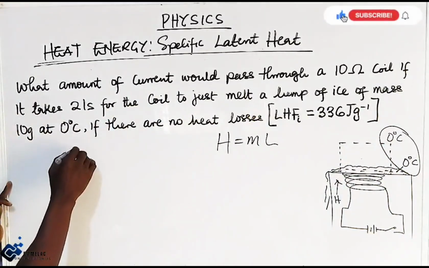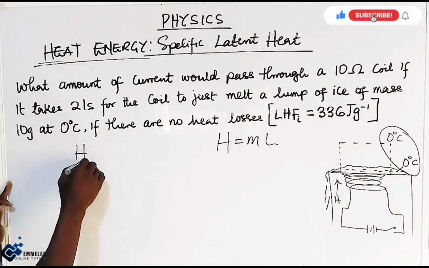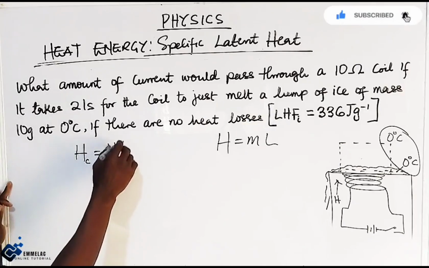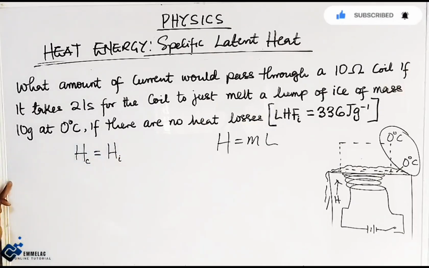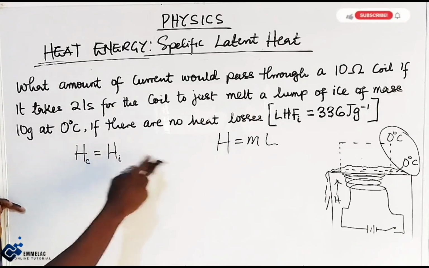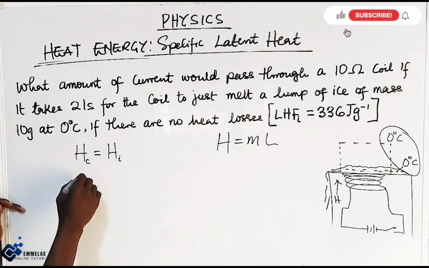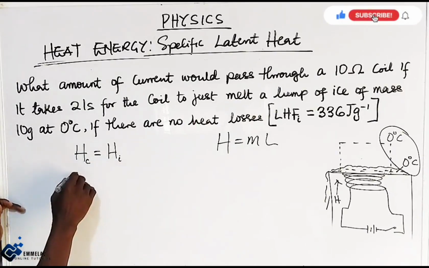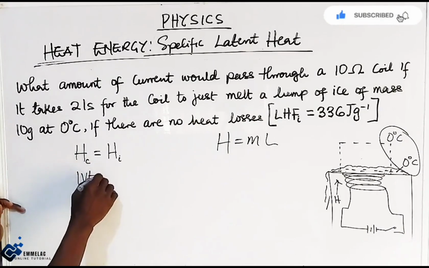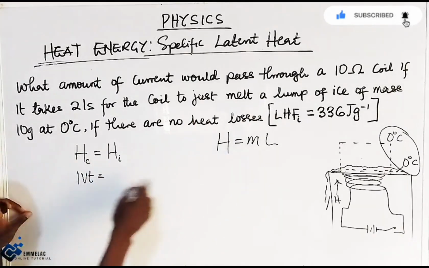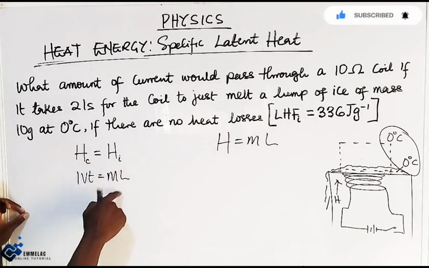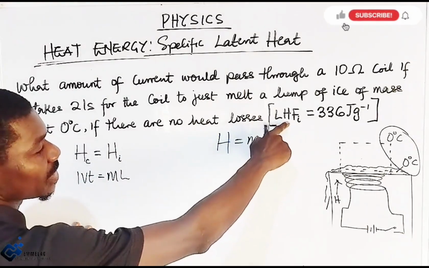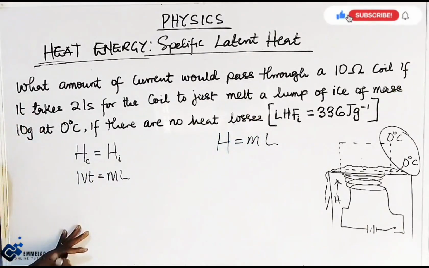So we can say that the heat supplied by the coil equals the heat gained by the ice, changing it from ice to water. The electrical heat here will be given as IVT, which equals ML, where L here is the latent heat of fusion of ice.